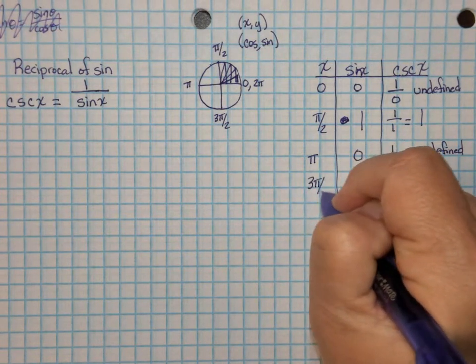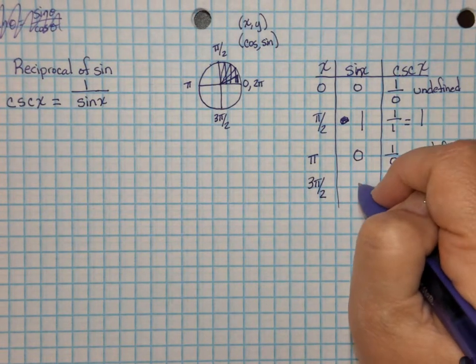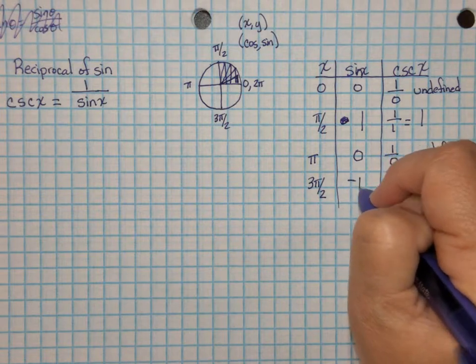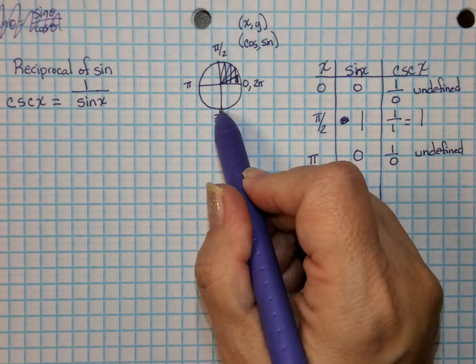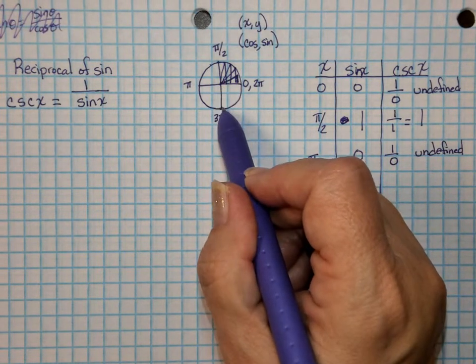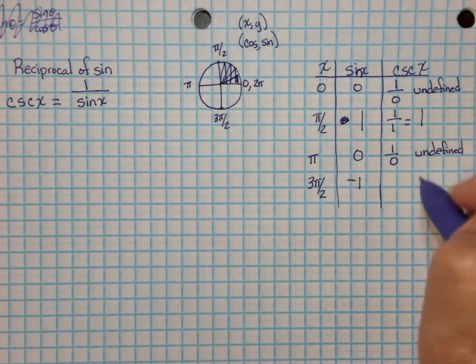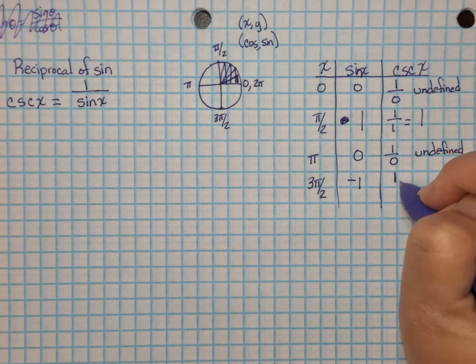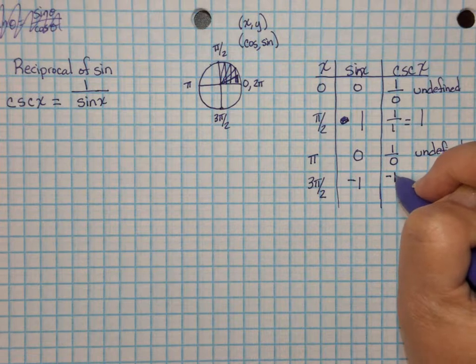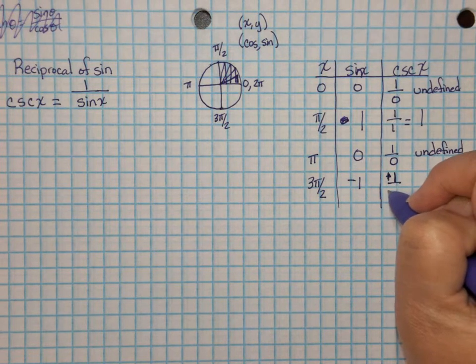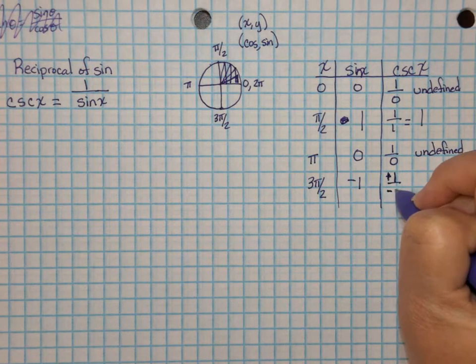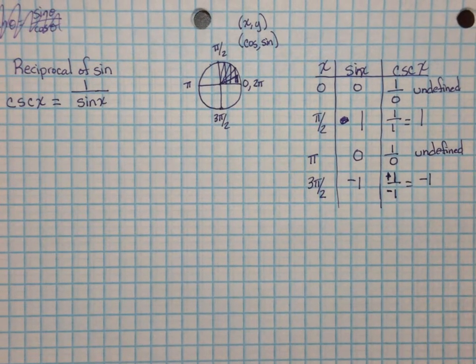Then at 3 pi over 2, our sine is negative 1, right? Because we're here on the unit circle. Y value is negative 1. So our cosecant is 1 over negative 1, which is negative 1.